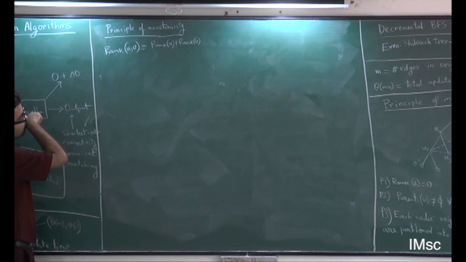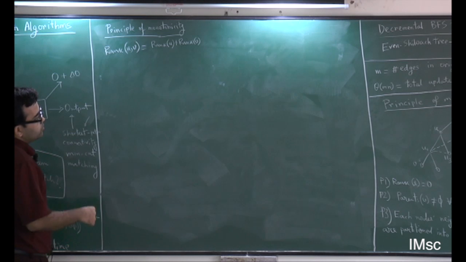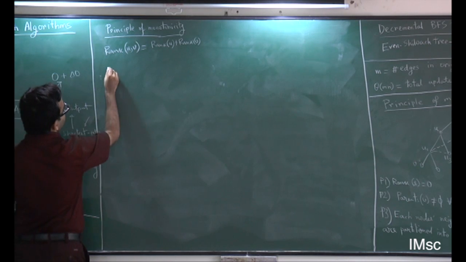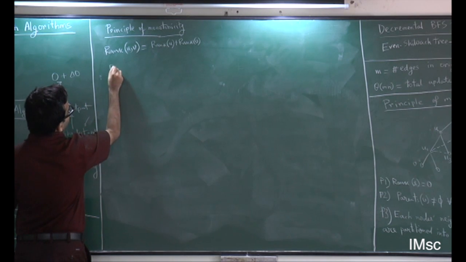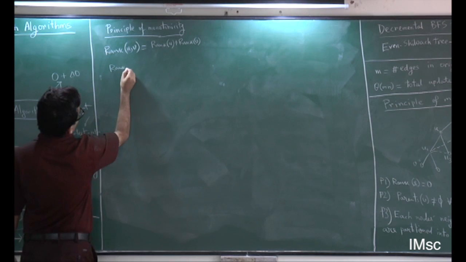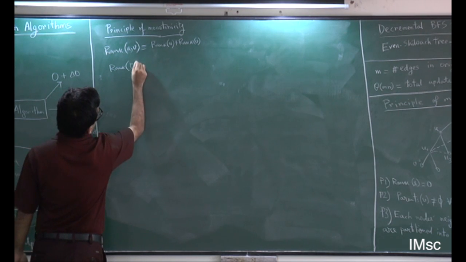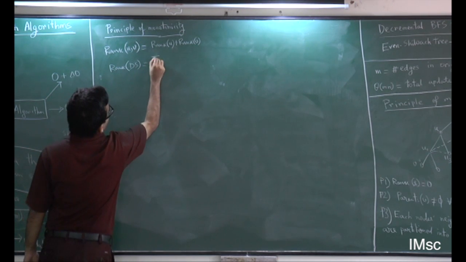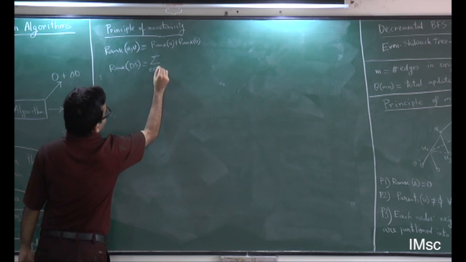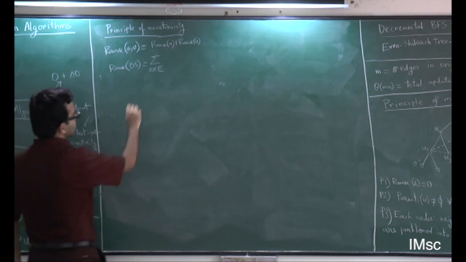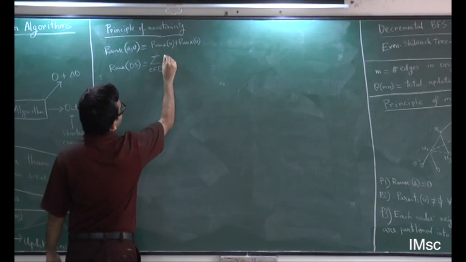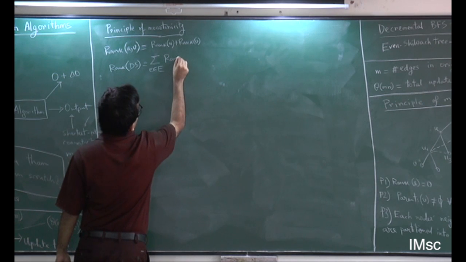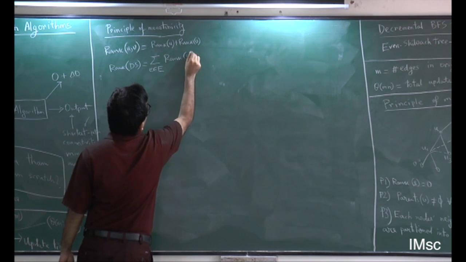Now, let us say that the rank of the data structure is, if you just take sum over all the edges and sum over their ranks, that is what you get. This is the rank of the data structure.